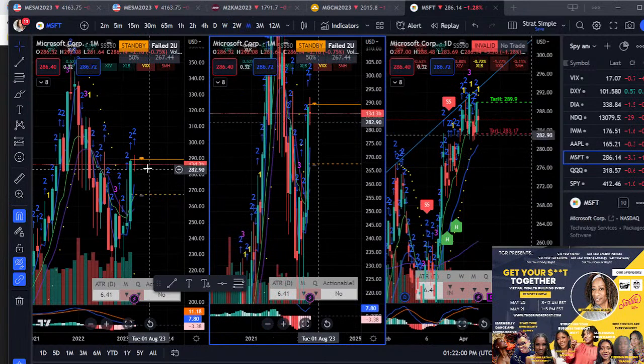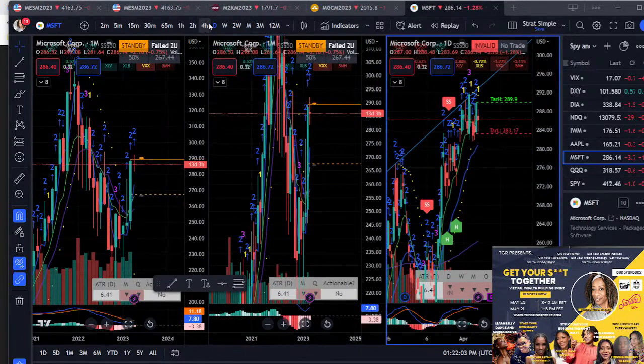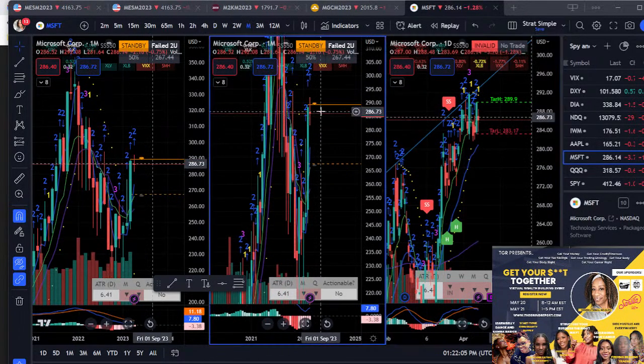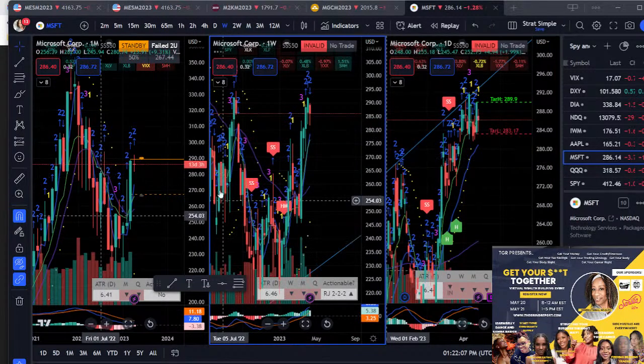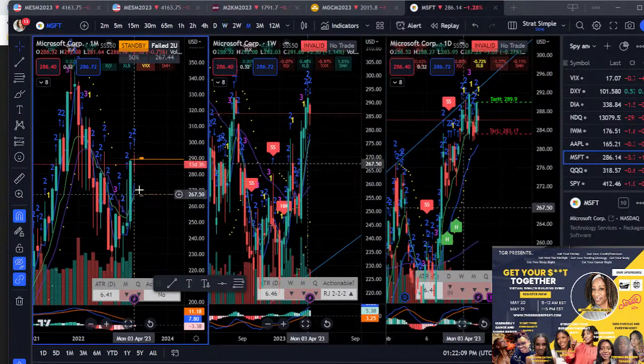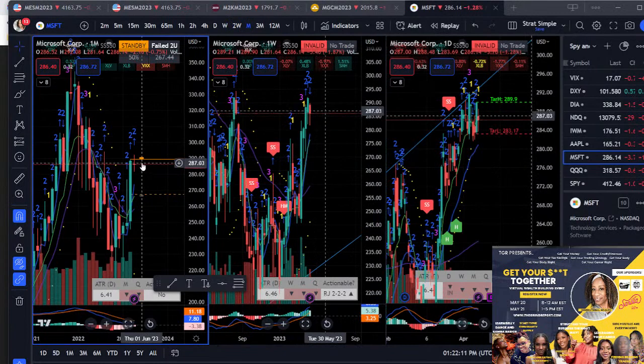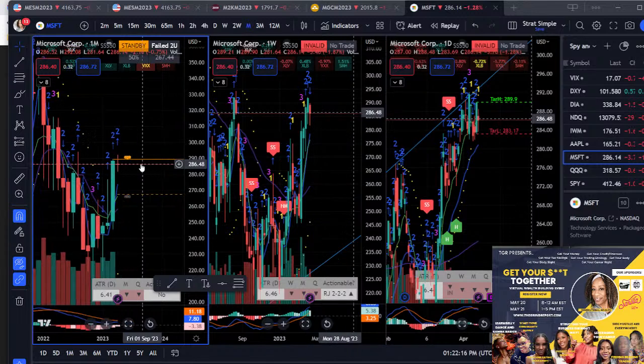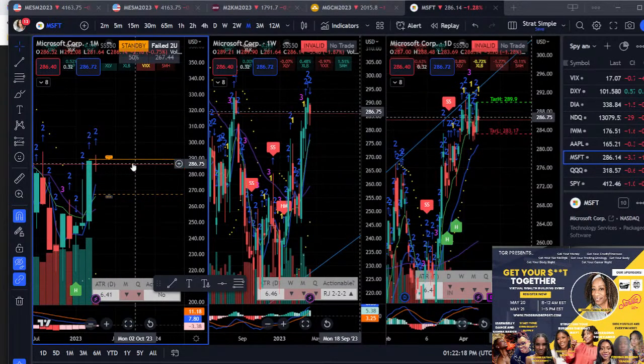Microsoft, oops, I didn't mean to do that. No, this should be the week. Sorry, y'all, new thing. So Microsoft basically can flip the month green, like almost. You can see it closed right where it can flip the month green.